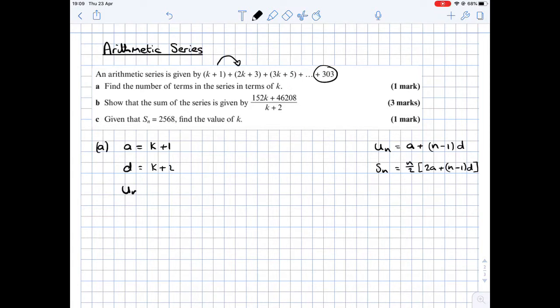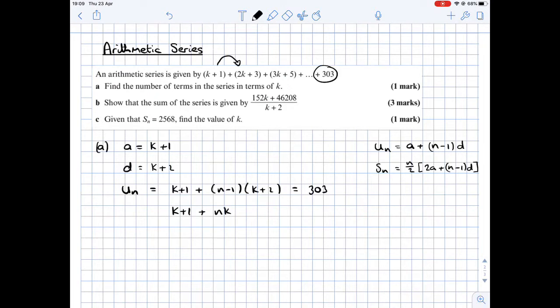So the nth term is 303, and that is equal to a, which is k plus 1, plus n minus 1 times the common difference, which is k plus 2. And we know that that is equal to 303. So let's tidy this up.